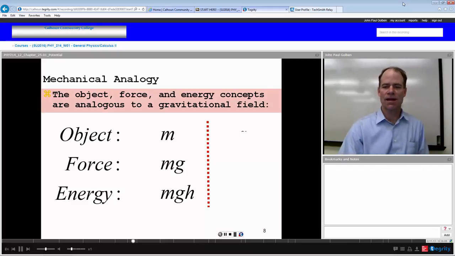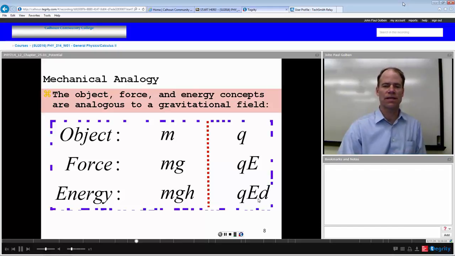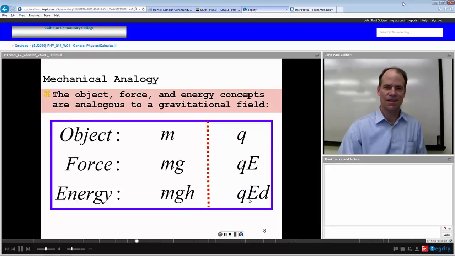Let's make our analogy. For electrodynamics, we have an object, which is a charge. Its force is the charge, the object, times the field, E in this case, and its position within a constant field is associated with QED. How about that?